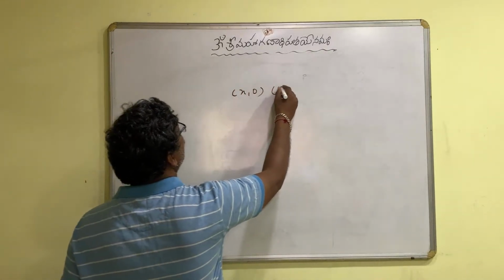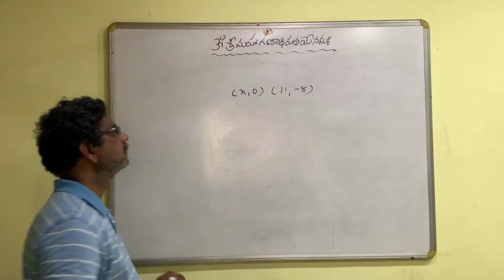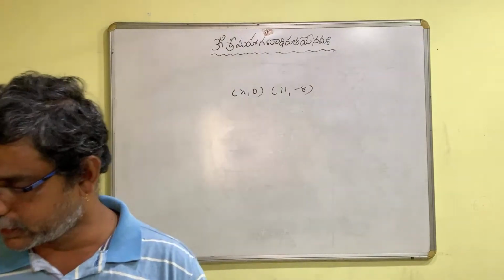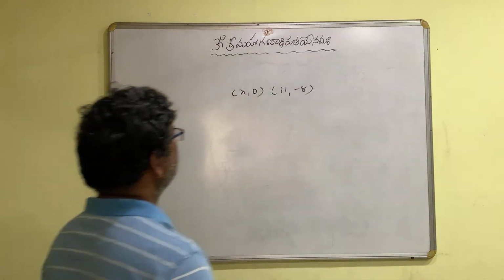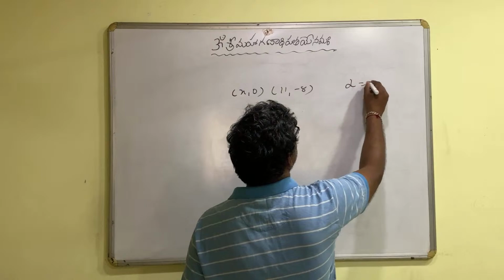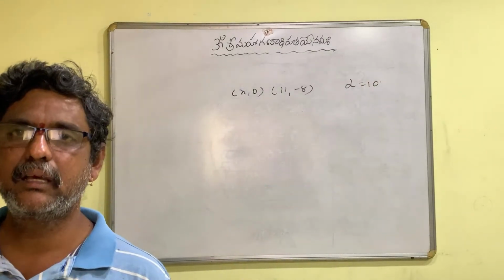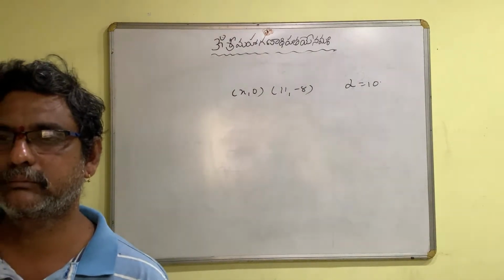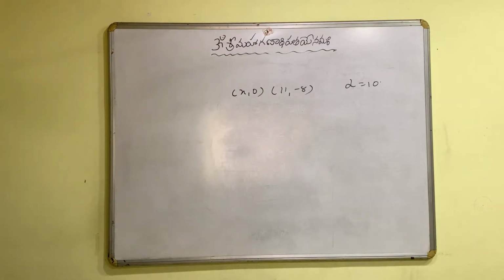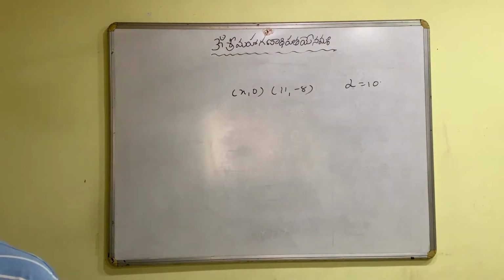X, 0 and 11, minus 8, and the distance between them is 10 units. Find the points on x-axis which is at a distance of 10 units from 11, minus 8.